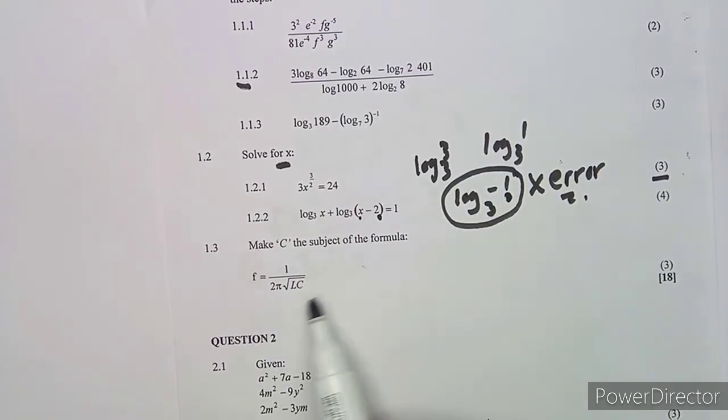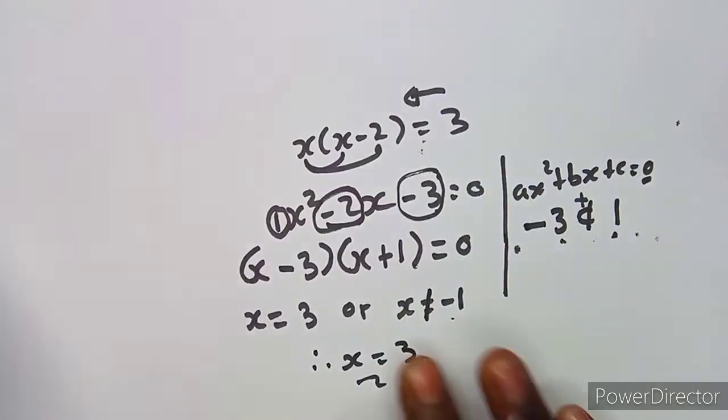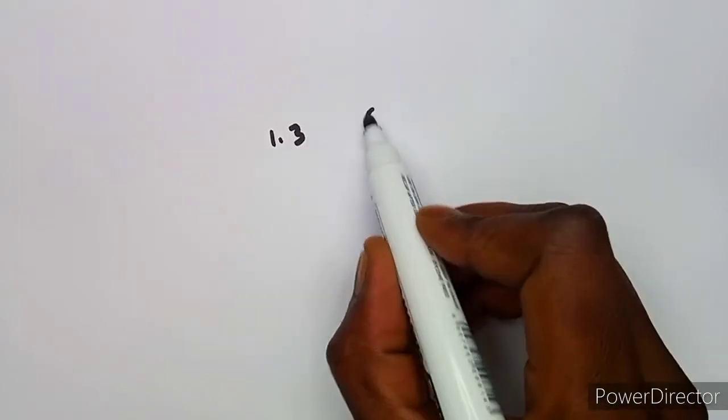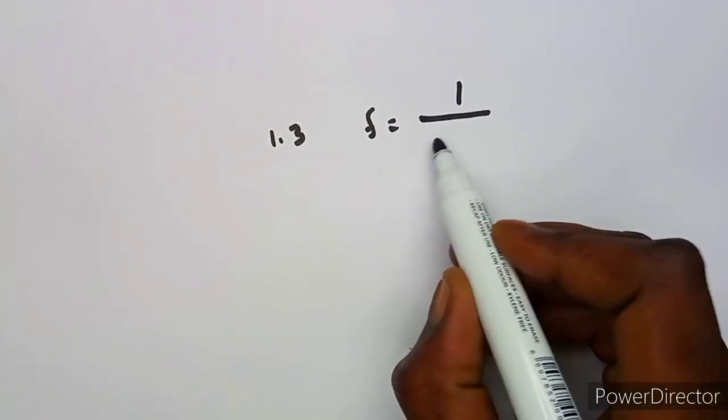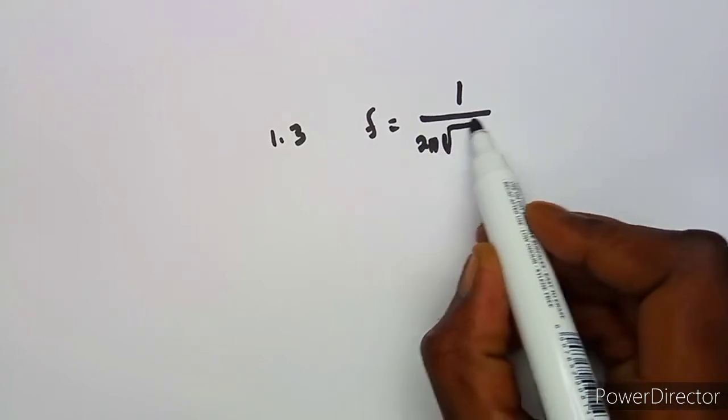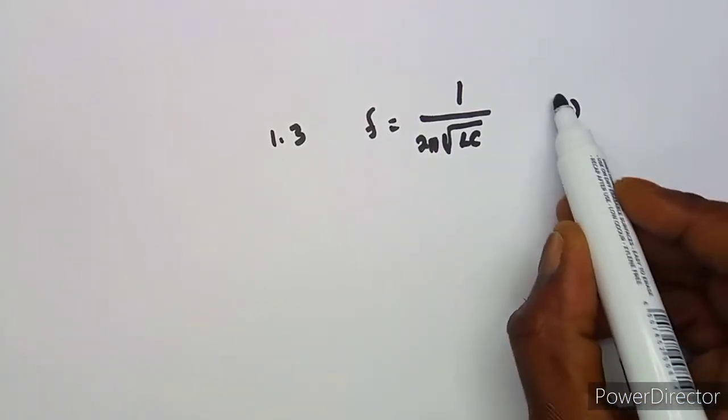Then make C the subject of the formula. We are given to make C the subject of the formula on this part. Let's just write it down instead of doing it on the paper. Let me just do it here. This is f equals 1 over 2 pi square root of LC, and we want to make C the subject.